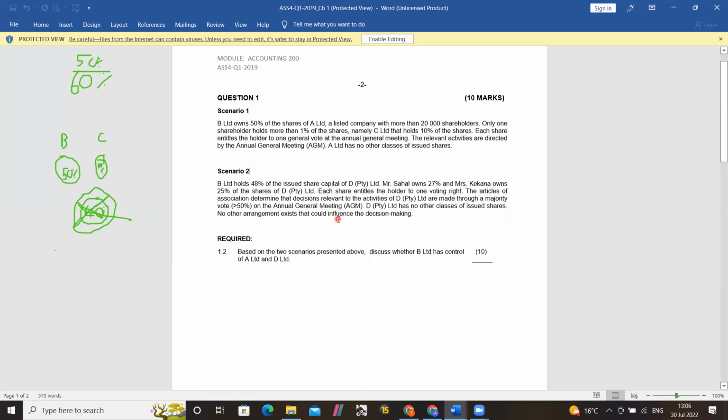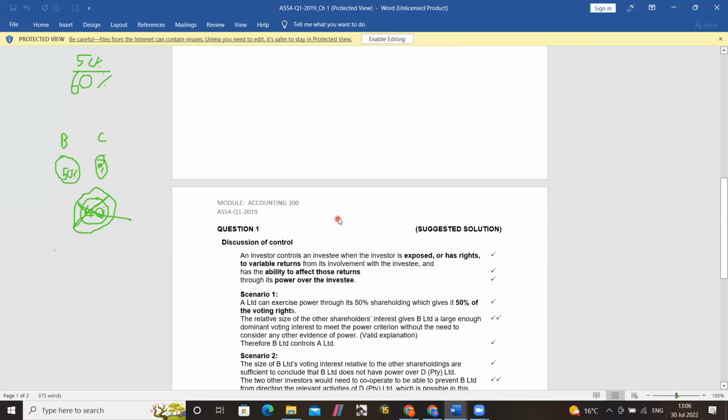It means that the only people that have decision making power are B and C, right? And B has more decision making power than C, more influence than C. That's what I mean when I say decision making power. B controls A.